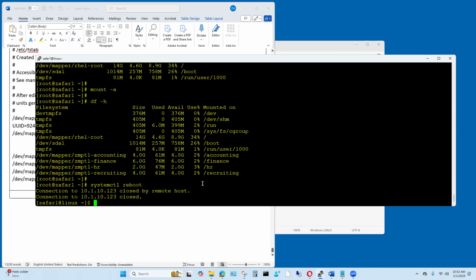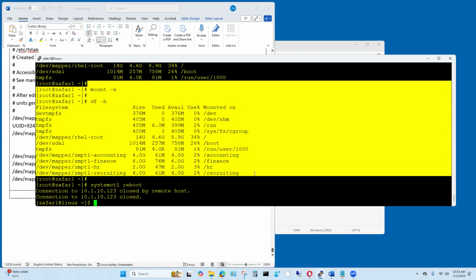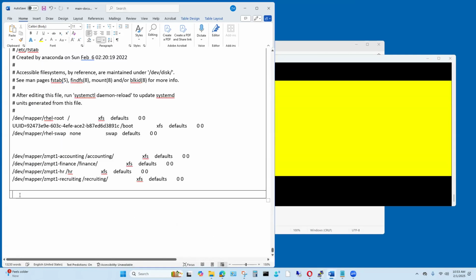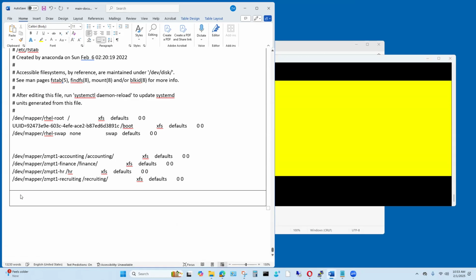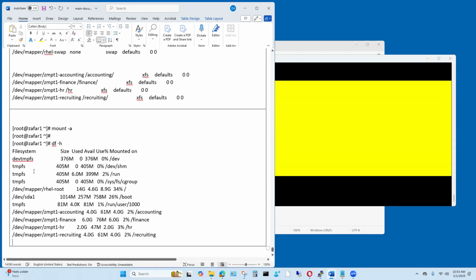I have some type of issue. What is the issue? Hold on a second, I'm trying to mount it again. Do mount -a. Here, I'll just share my screen.